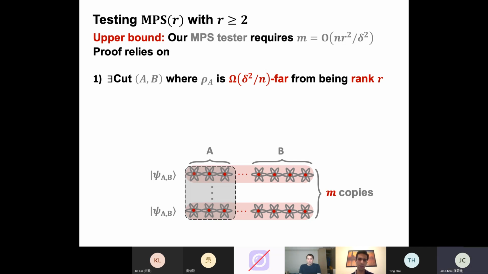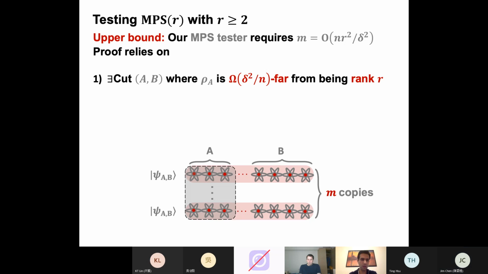Right, that's also a good question. So there has been previous work on learning these A matrices in the MPS, these matrices that define the state. And one strategy for testing MPS is that you first run that tomography algorithm.